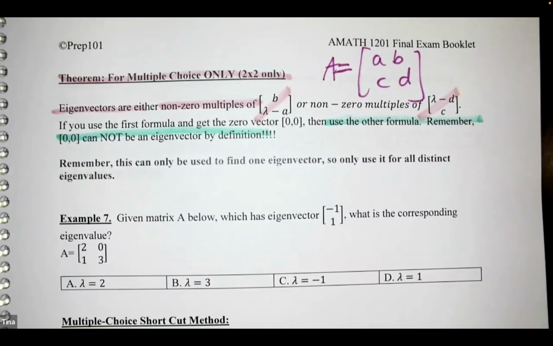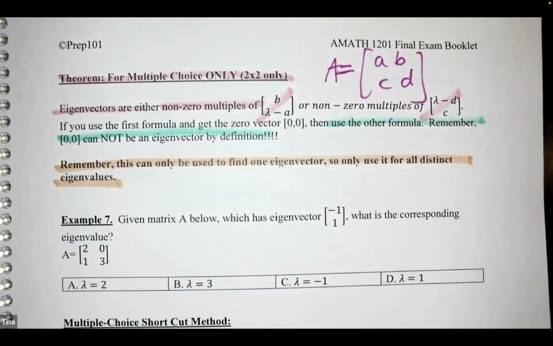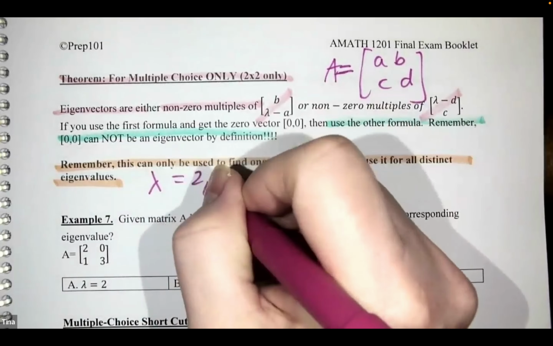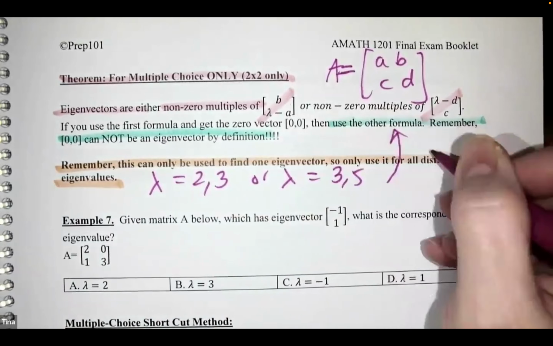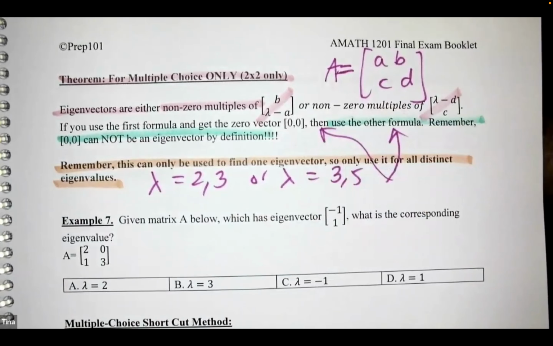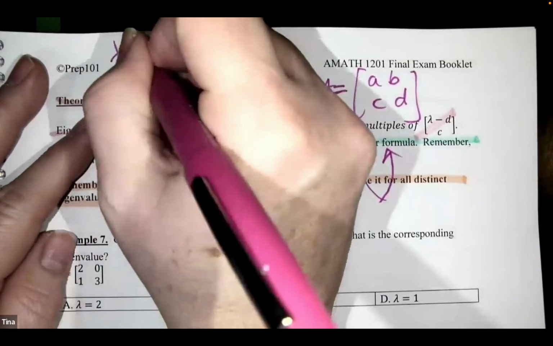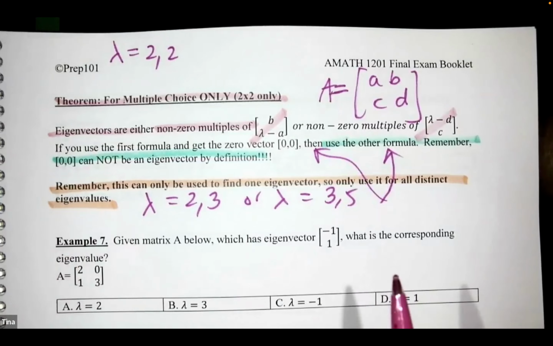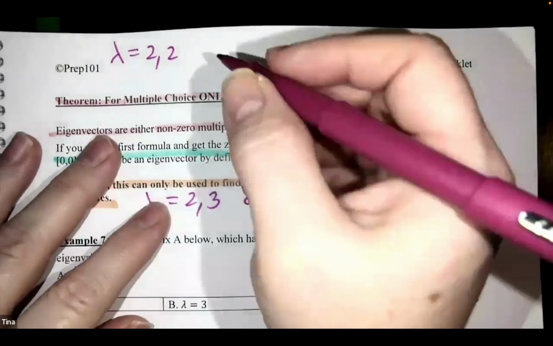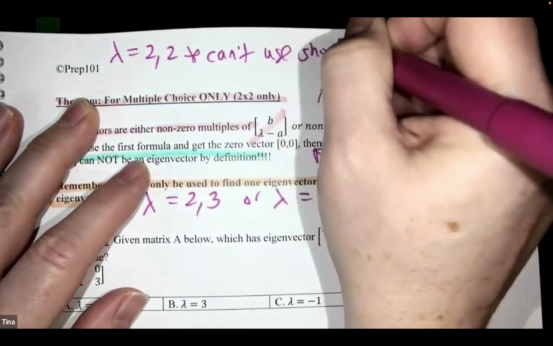Now keep in mind that you can only ever get one eigenvector this way. This works great if lambda is 2, or lambda is 3 and 5. You can use these methods, but it's not going to give you 2 vectors. So if you get lambda is both 2, in other words eigenvalue 2 twice, what we would call a double root in high school, then you can't use the shortcut.